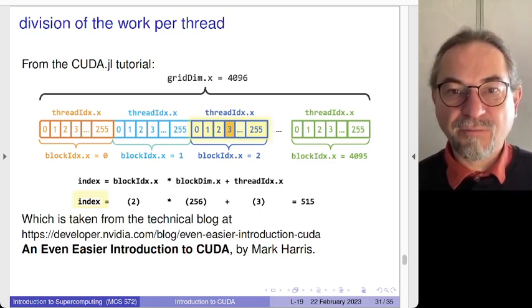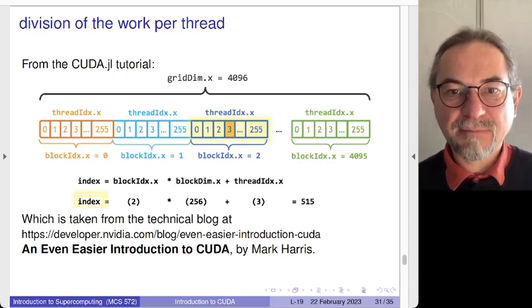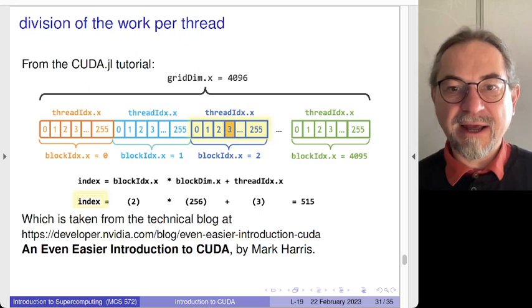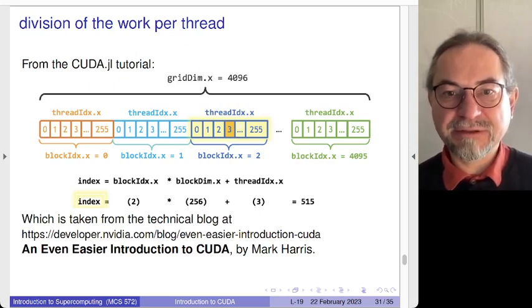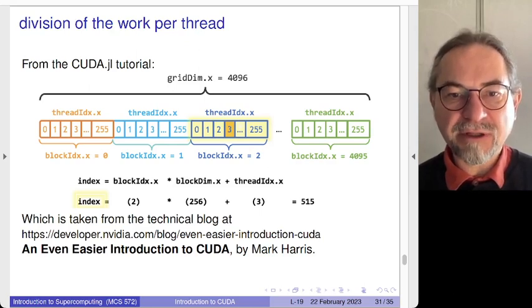We have 4096 blocks, and every block has 256. So you can probably guess that the total dimension is 1 million, 2 to the power 20 to be precise.